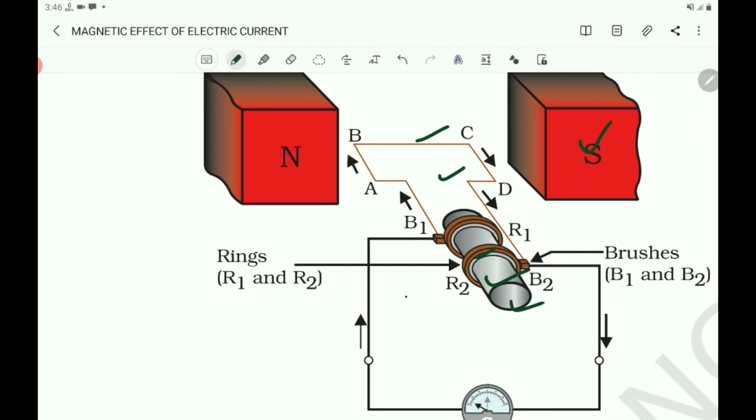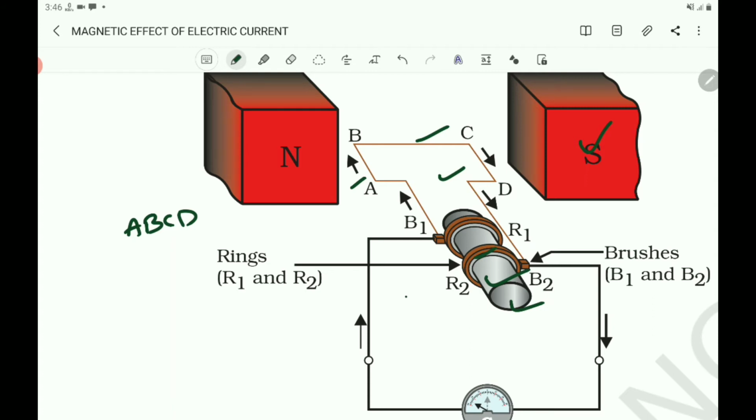The arm AB moves upward while the arm CD moves downwards. And you know that the current flows from A to B in the arm AB and C to D in arm CD according to Fleming's right hand rule, and the induced current flows in the direction ABCD.